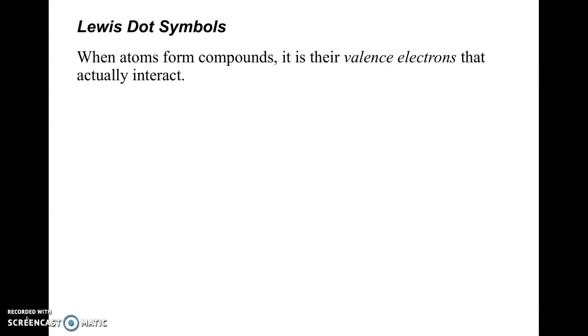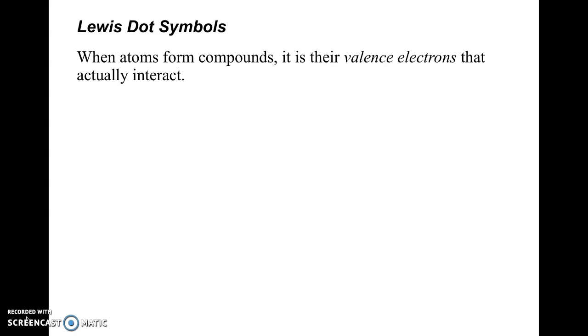In order to do that, we use a tool called Lewis dots. And Lewis dots represent electrons on atoms, and yet we know that these dots aren't truly electrons, and it's not the way electrons actually behave, but it's a very useful tool.